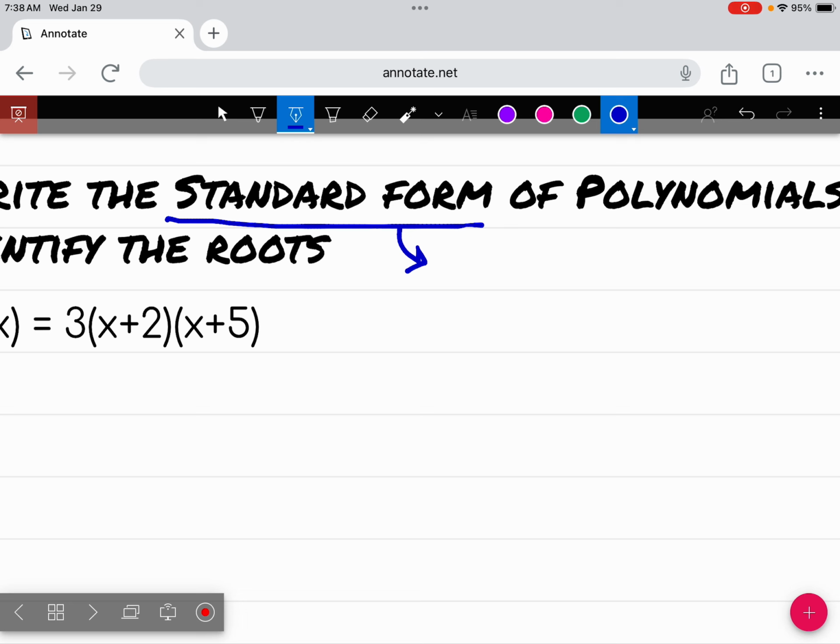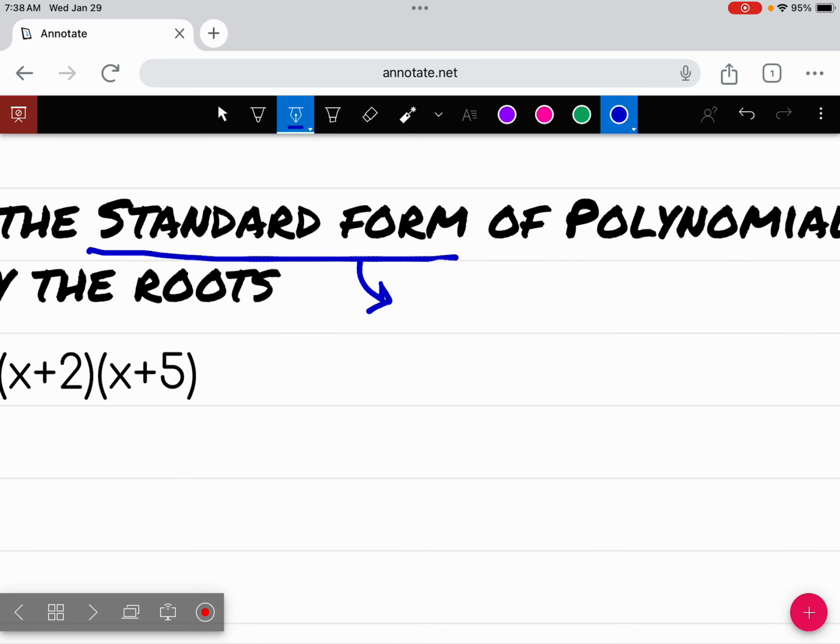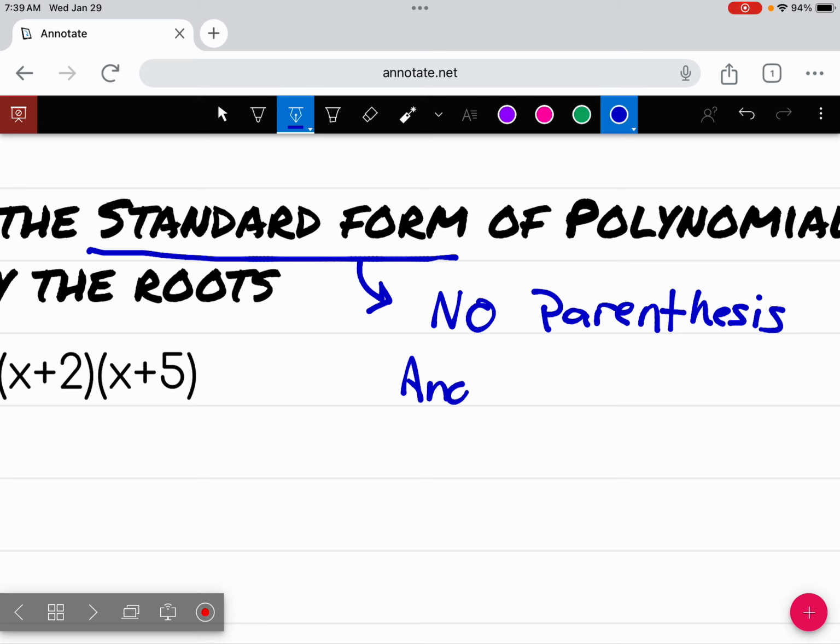Yeah, so it's going to have different pieces in here. We'll usually have multiple pieces. When we are in standard form, what that means is we're going to have no parentheses left. And biggest to smallest exponent order.